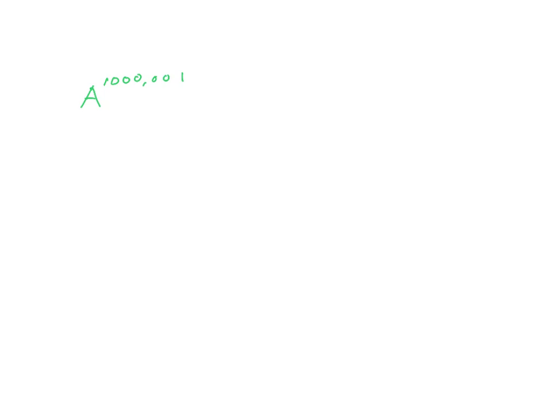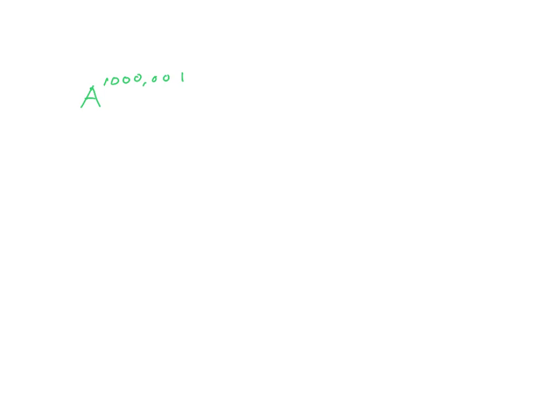So how much is 1 million seconds? 1 hour is 3,600 seconds, and 3,600 times 300 is close to 1 million. So 300 hours.